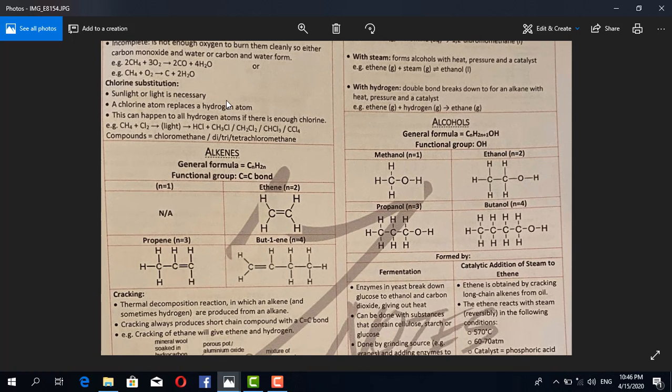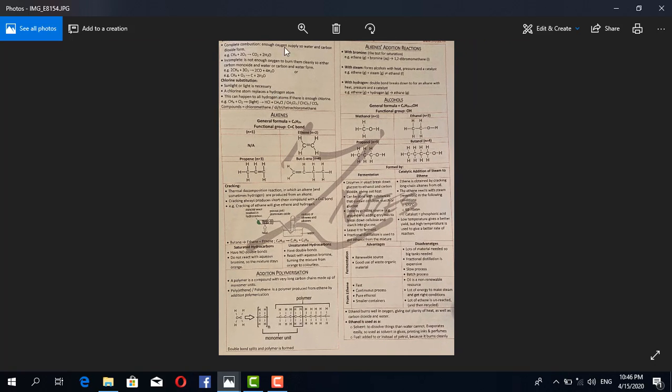Okay, we come here to a chemical reaction, which we call combustion. Combustion is all about burning in the presence of oxygen. You have to have enough oxygen. But combustion has 2 kinds.